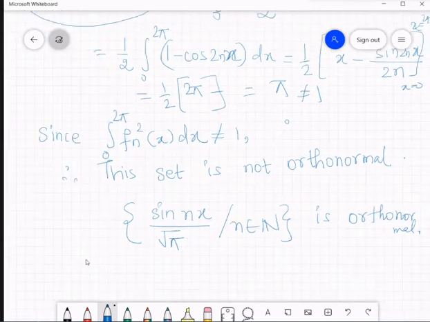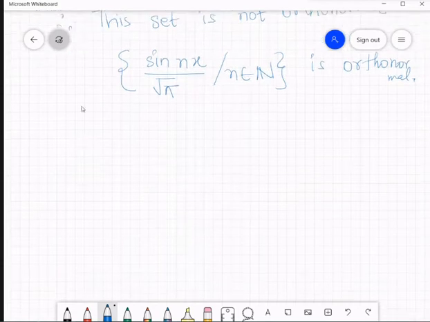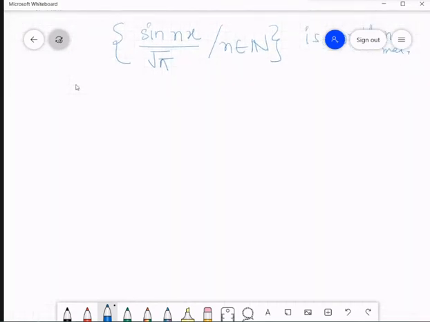Okay. Now I'll give you another one. The same question. Check whether the following set is orthonormal or not. And if not orthonormal, can it be converted to orthonormal? So for the second example, along with the sin nx, I'm just including 1 over here.